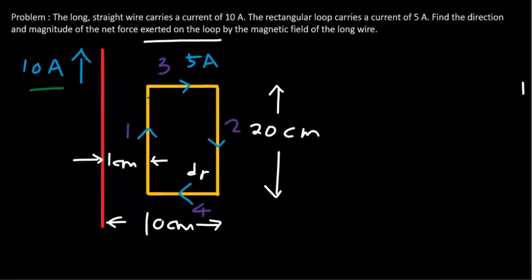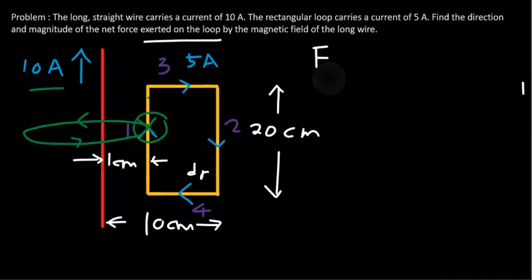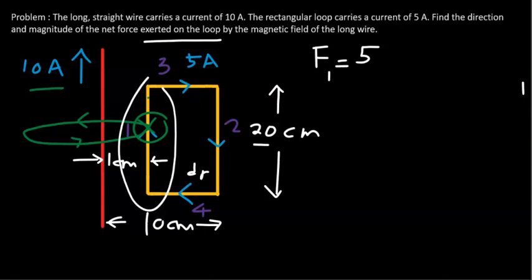The magnetic field from current 10 ampere acts like that, and at side 1 it is going again into the board. Magnetic force experienced by side 1 is given by the following. 5 ampere, that is the current on side 1. The length of side 1 is 20 cm, so let's convert that into meter.